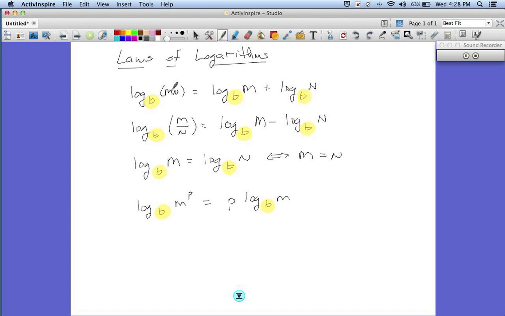Well, multiplication splits up into addition. So if I have log m plus log m plus log m plus log m, I have p number of log m's. So that's how this jumps to the front magically. I think that's important to know, that it's not just magic where exponents come down to the front. There is some reasoning behind that.